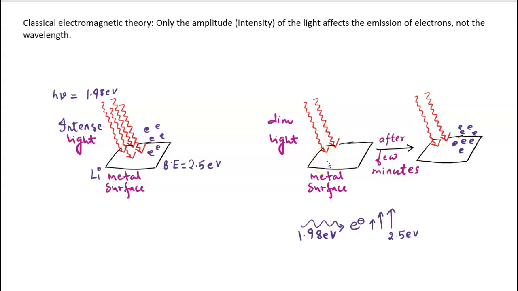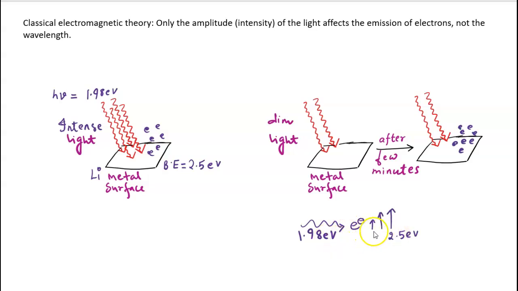So even if you are using a light of lower energy than the binding energy of the metal surface, and you are using a dim, very less intense light, the electron will absorb this light. And since the light is in the form of a wave, and waves are continuous in nature, there is a continuous transmission of energy, and the electron's energy will slowly increase.